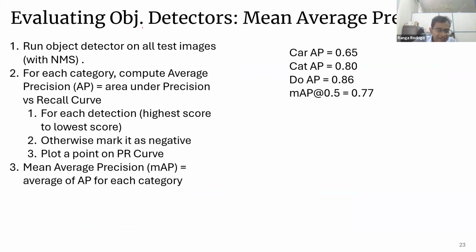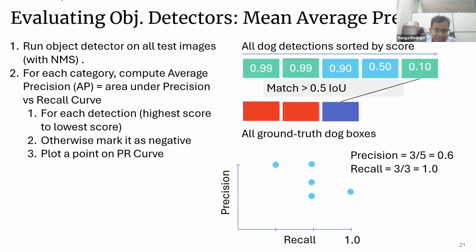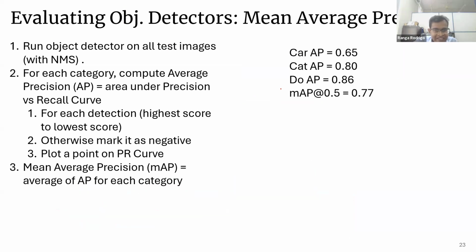There are some caveats. We have taken IOU greater than 0.5 as a correct detection, but some people have more stringent standards. Some may say we have to go for a higher IOU, so that's why they look at 0.5 and so on.